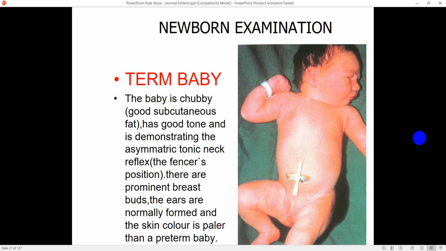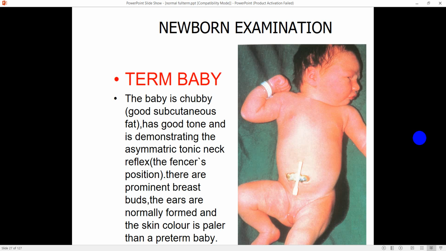This is a picture of a normal full-term baby. It shows us the physical criteria of this newborn. It looks like a chubby appearance, which means he has good subcutaneous fat. He has good tone, and this picture shows that he is lying in a flexion position, which is normal.